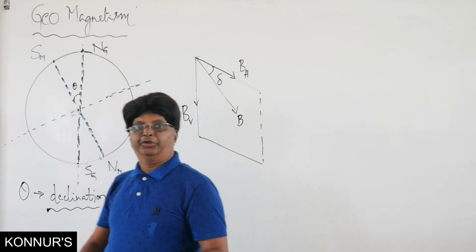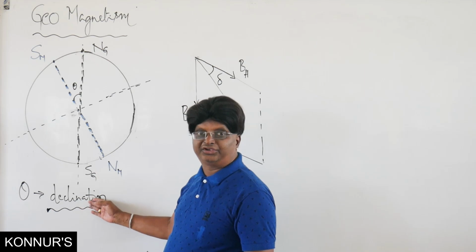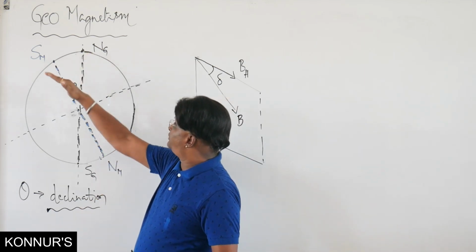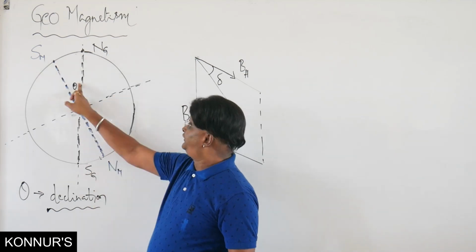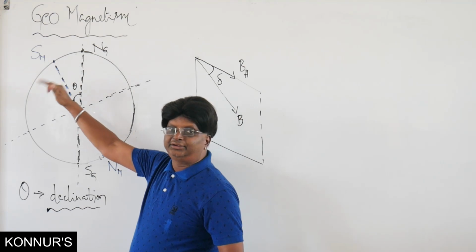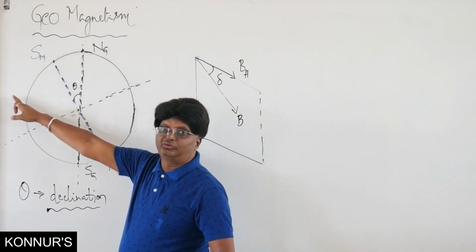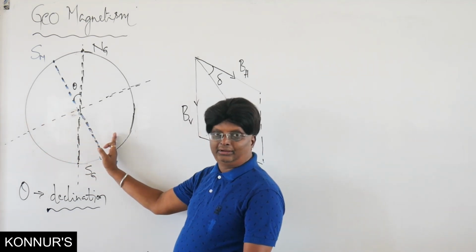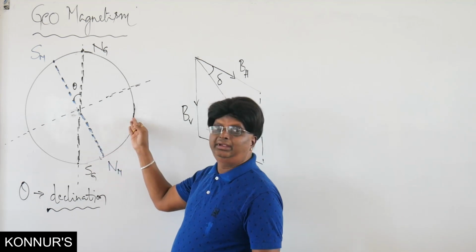The second thing is how this declination is represented with respect to the magnetic meridian. In the northern hemisphere, it is the angle towards west, because they have taken the geographic north. This is towards west, and in the southern hemisphere, this declination angle is towards east.